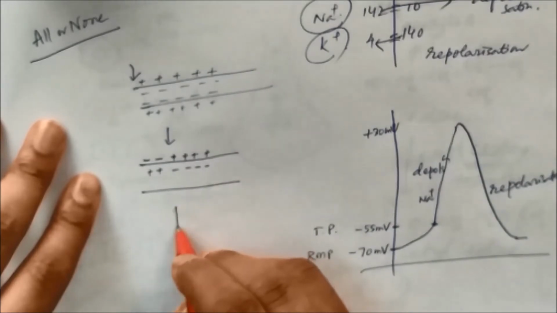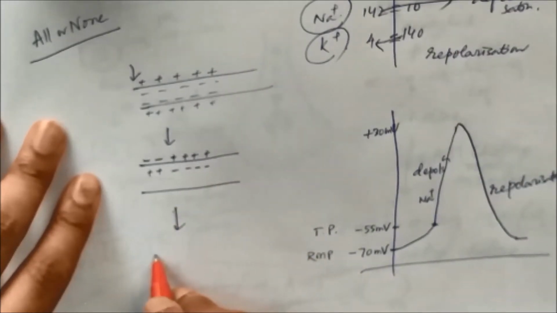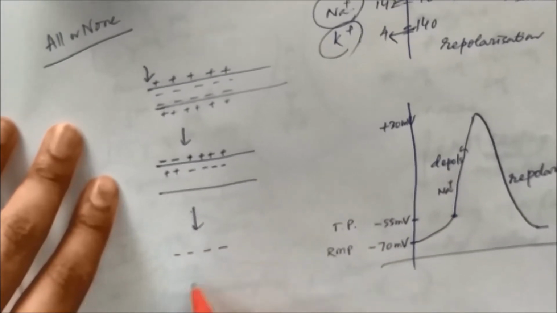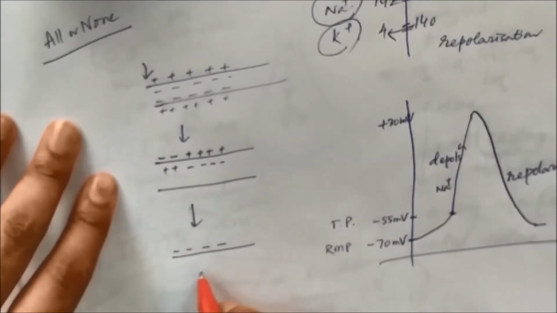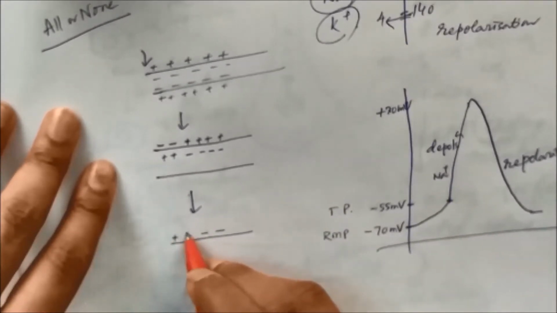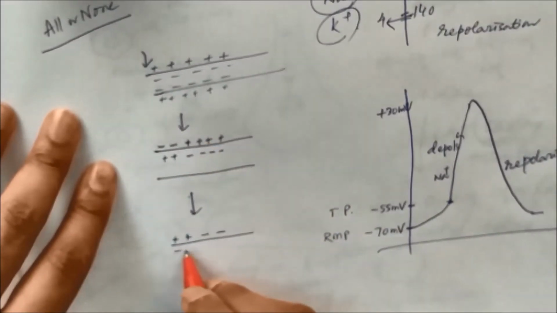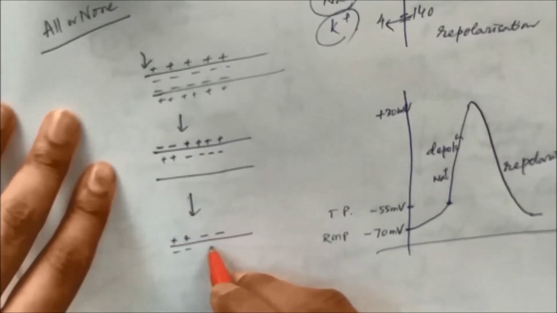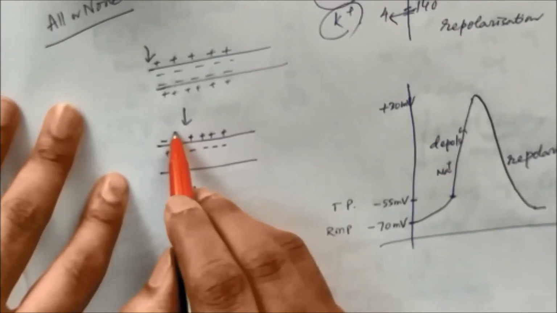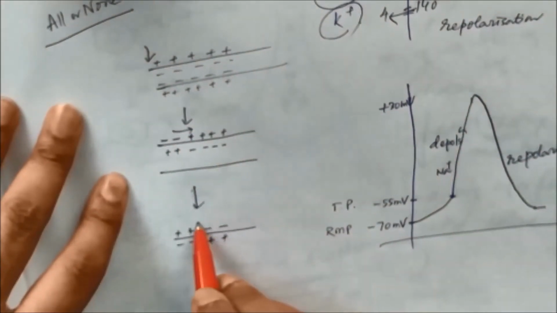Then the next step you can see, this one reverts back to its original position, whereas this one means the impulse is transmitted in this way.